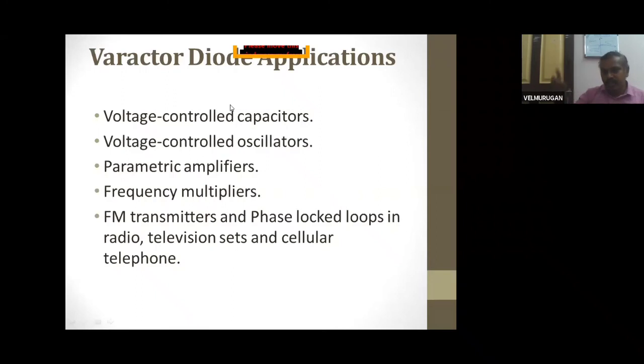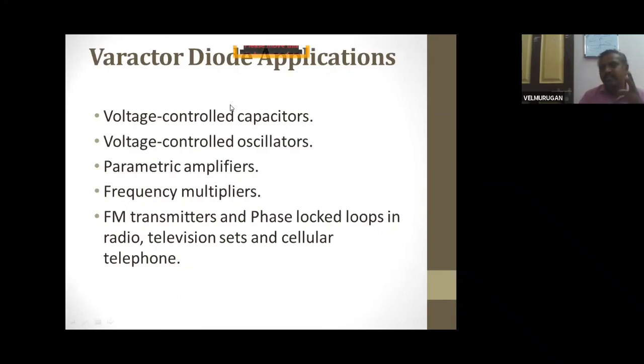Before that, the carrier signal and message signal come to the phase lock. There is a 90-degree phase shift when it locks. So you overcome this with the phase lock loop and then use varactor diodes in the FM transmitter. The television set also uses the varactor diode, and so does the cellular telephone. It's charging and discharging, just like your battery, which you charge and discharge.